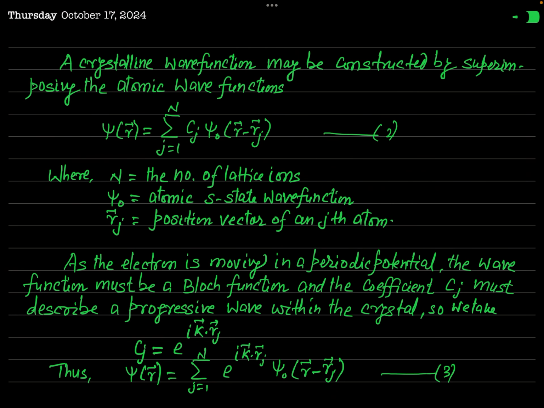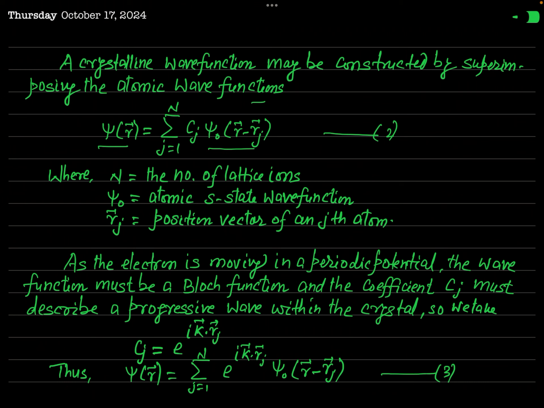You can see, I have written that the crystalline wave function may be constructed by superposing the atomic wave functions, or by taking the linear combination of atomic wave functions or atomic orbitals in this way. This psi of r represents the crystalline wave function, and that is simply the linear combination of wave functions like this psi naught of r minus rj.